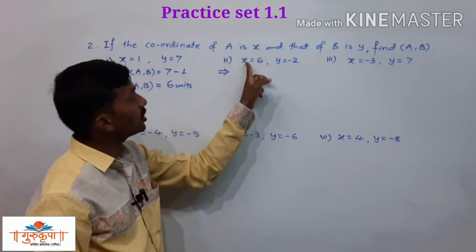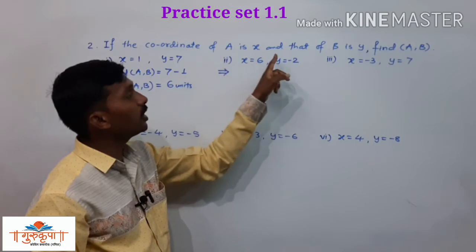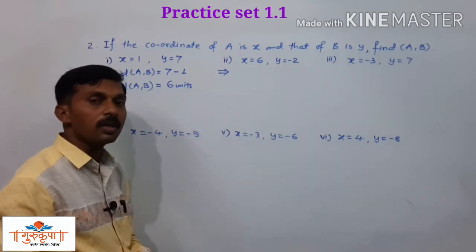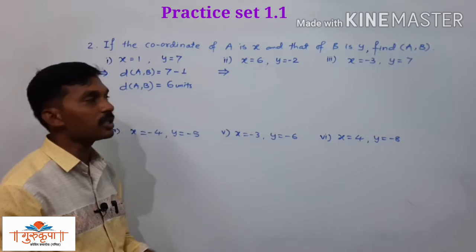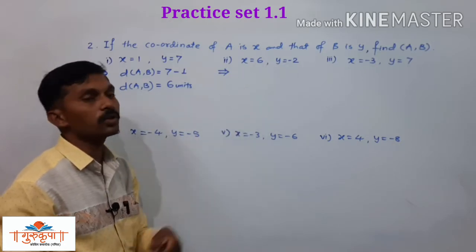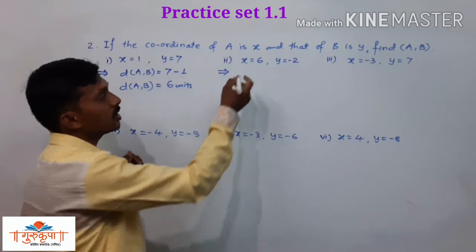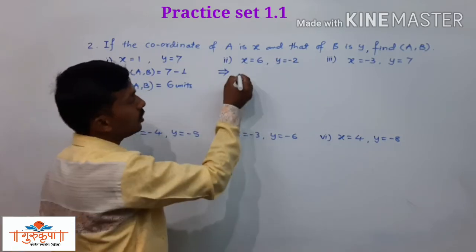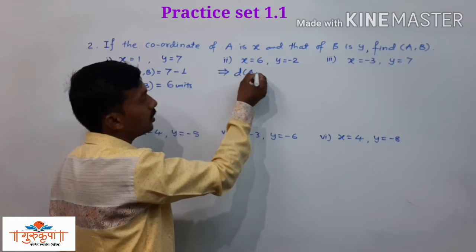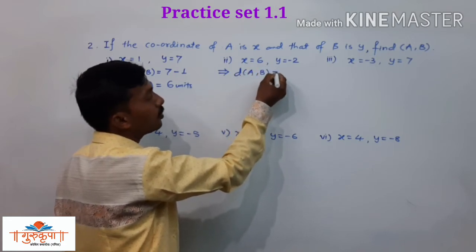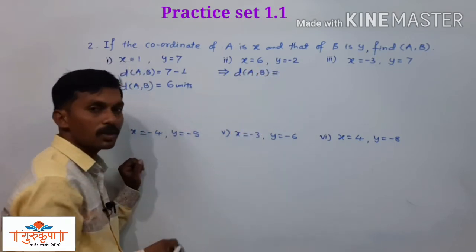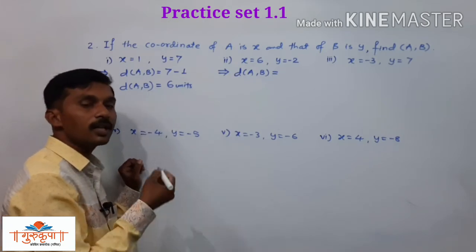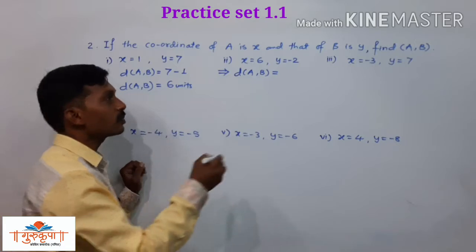Since x is the coordinate of the point A and y is the coordinate of the point B, every time we have to find the distance AB. We do not have a number line to take observation and write the answer, so here we have to use the formula, that is bigger coordinate minus smaller coordinate.